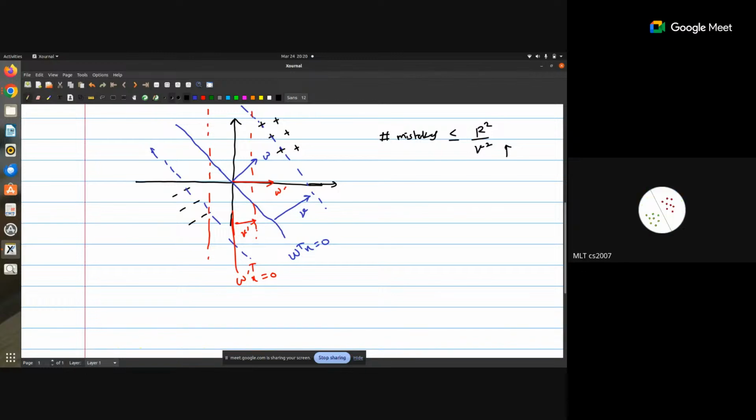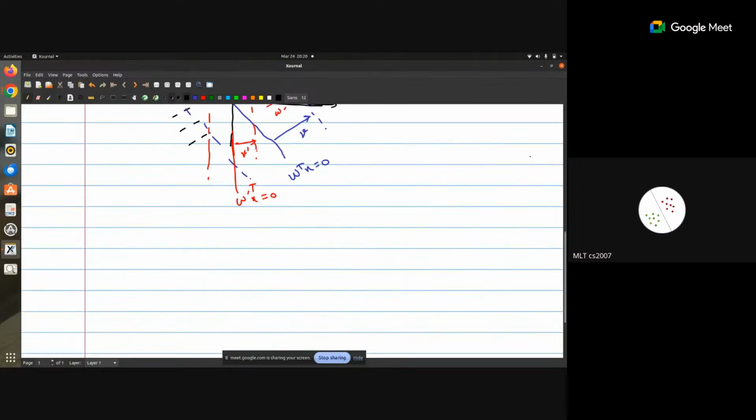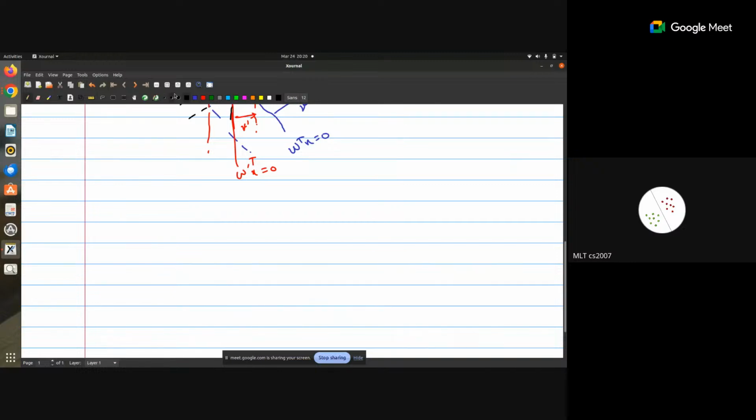Now the question statement, or the goal of this problem, will be what? I need to maximize the margin.